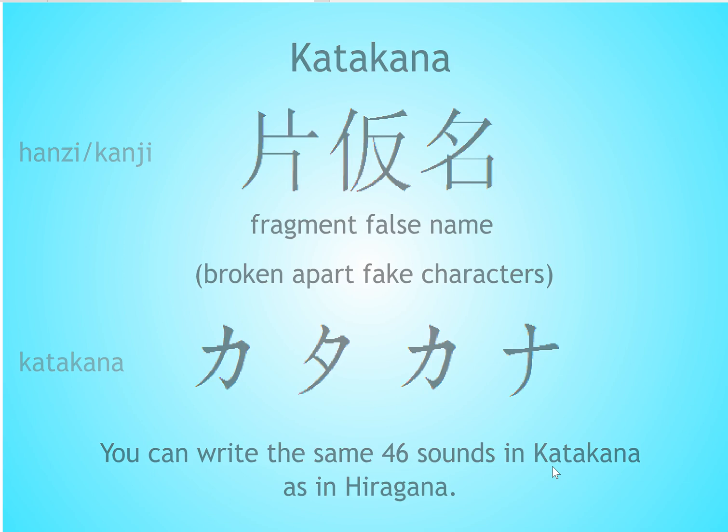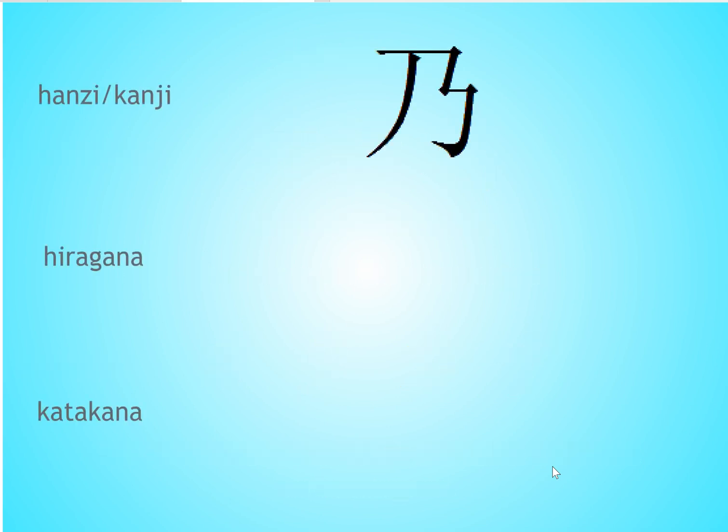For the most part, the same Chinese characters that were used to make hiragana were also used to make katakana. But in katakana, instead of writing the Chinese characters quickly and slurring the strokes together, they broke the Chinese characters apart and just used pieces of them to represent the sounds. So whereas hiragana has a flowing, rounded look to it, katakana has a sharp, simple, angular look to it.